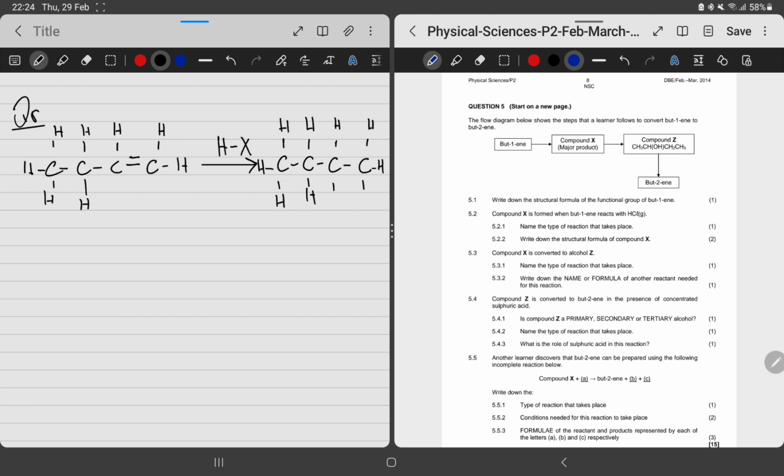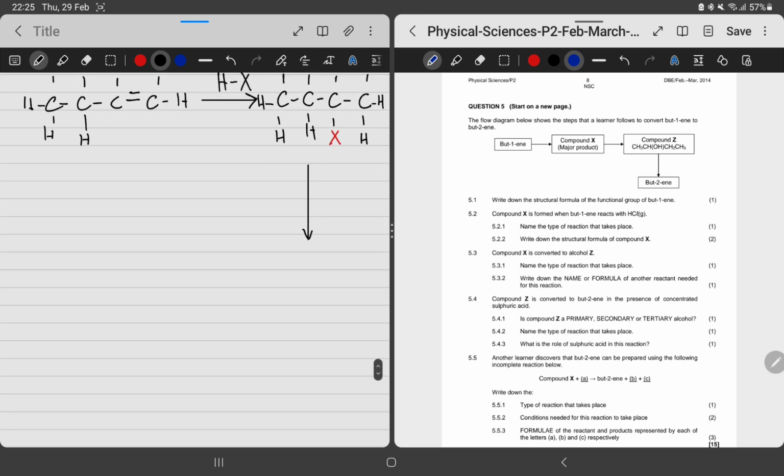So Markovnikov says that the hydrogen will go to the carbon that already has more hydrogens. So when we look at these two, you can see that this carbon right here has 2 hydrogens and the other one has 1. So the hydrogen is going to go there, and then the halogen is going to attach itself there. Okay.